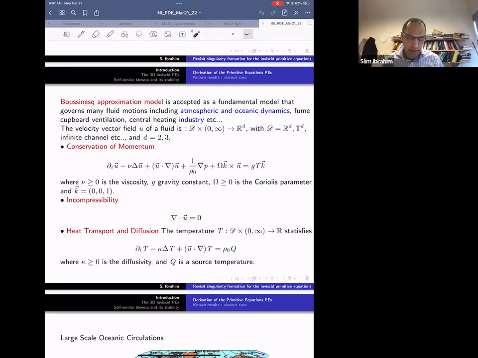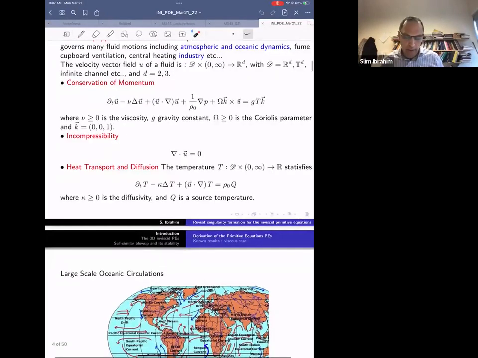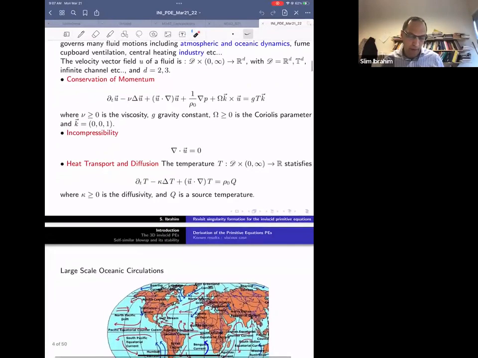And as I said, this is a well-accepted model in atmospheric and ocean science, and in industry also, such as cupboard ventilation, and so on and so forth. Now, these applications include different models, and depending on the model that you want to study, you may go a little bit further and try to reduce or simplify the full Boussinesq equations. This is the context of atmospheric models, for instance, or models in the ocean.